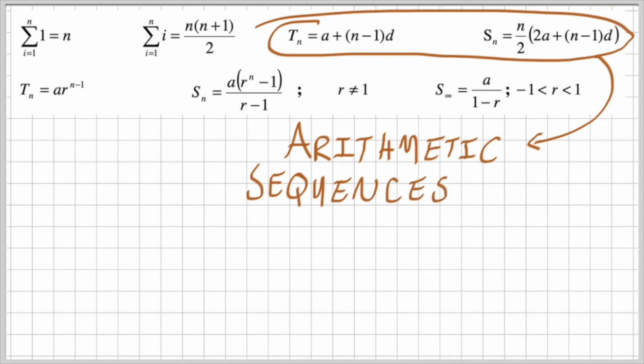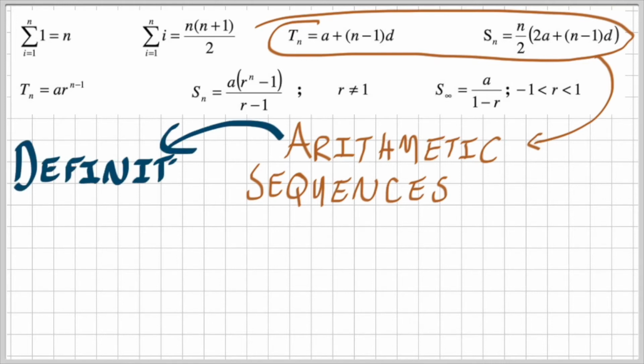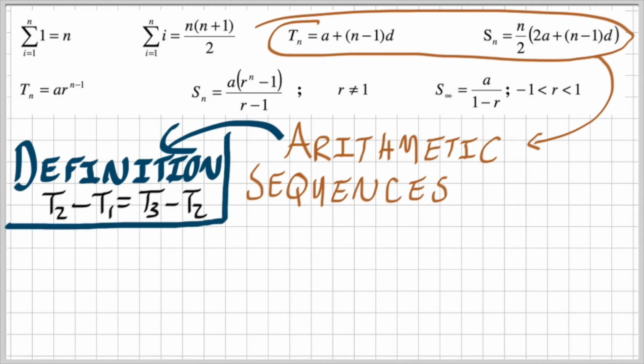When we talk about an arithmetic sequence, remember there's a definition that's not on the formula sheet. This definition says what makes an arithmetic sequence arithmetic: T2 minus T1 is equal to T3 minus T2.